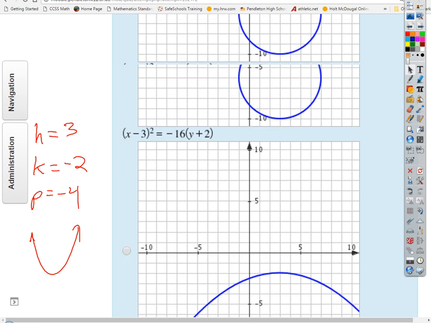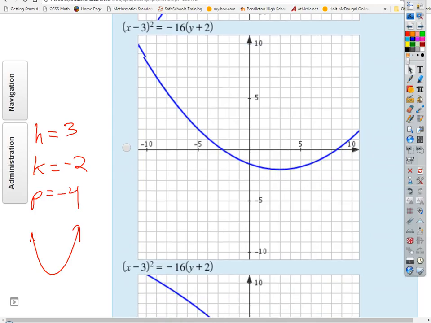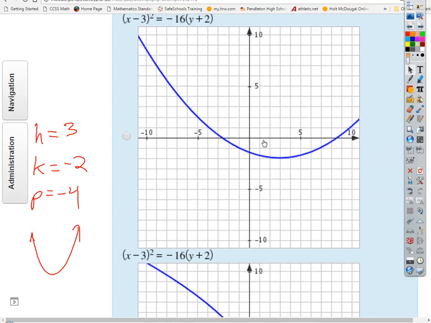So we need a vertical one. How about that guy? At x equals 3, -2, that's it. Now, I didn't give you a focus on this graph, so all you need to know about the p in this case, oh, hang on, p is negative. I drew it wrong. It's not opening up, it's opening down.